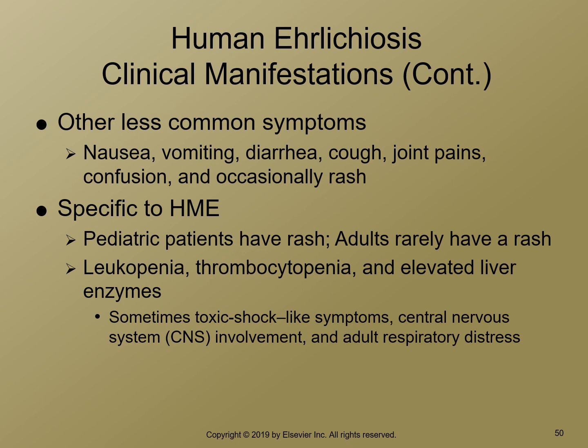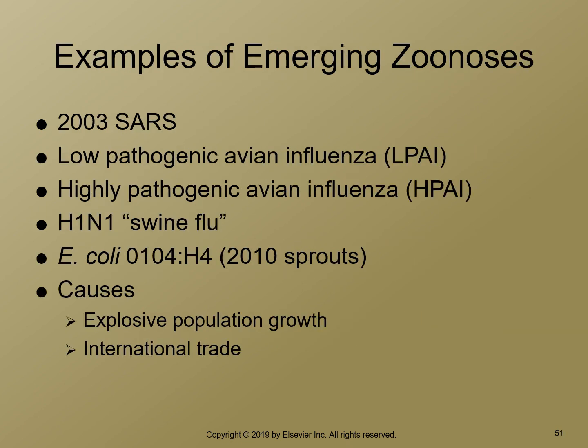The last topic briefly discussed in this chapter covering zoonotic diseases is emerging zoonoses. In recent years, the significance of zoonotic infections has continued to grow because of the emergence of several large-scale outbreaks in humans and animals.